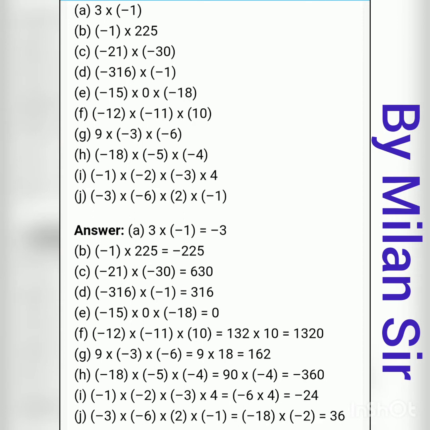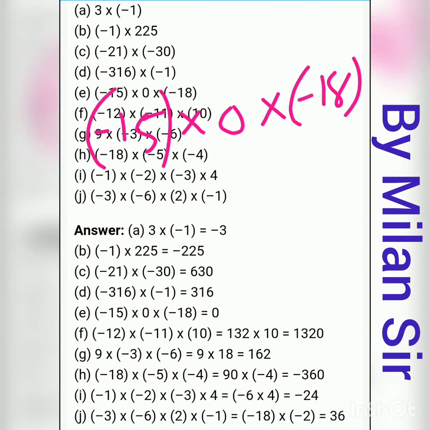Then next, minus 15 multiply 0 multiply minus 18. Here the multiplication process is there, and we have one number 0. If we multiply minus 15 with 0, our answer is 0.